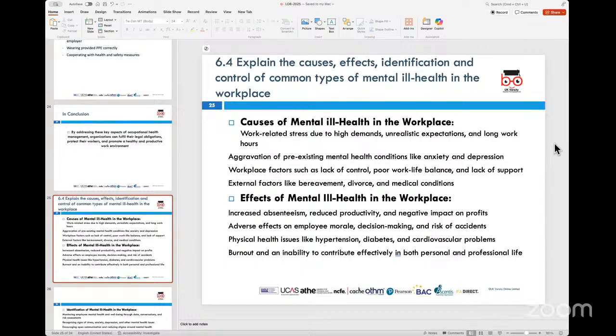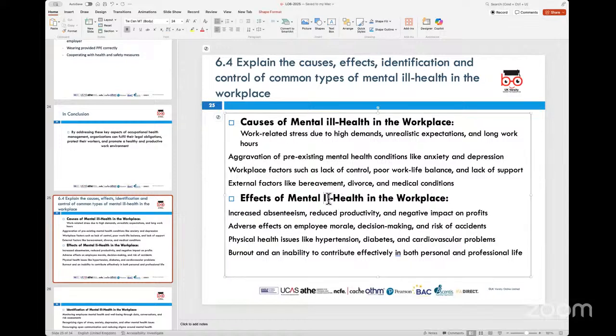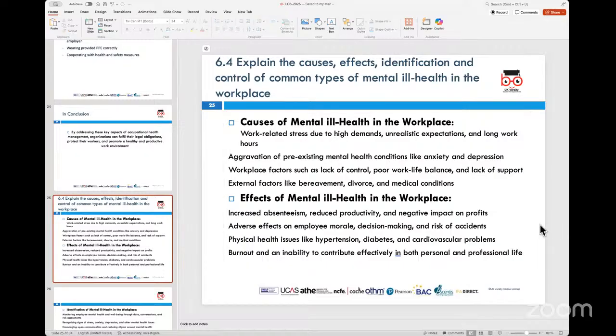Now, we can also look at mental ill health caused by organizational factors which affect different types of individuals working within the organization. They could be things like poor communication with your manager or management. It could be lack of support from your management.